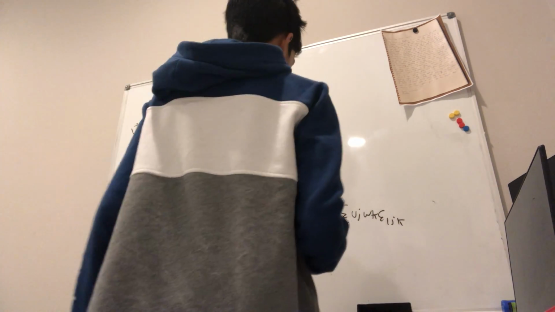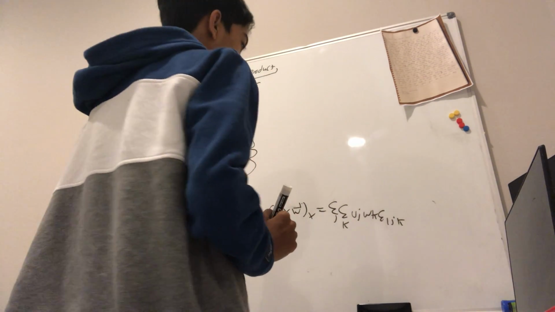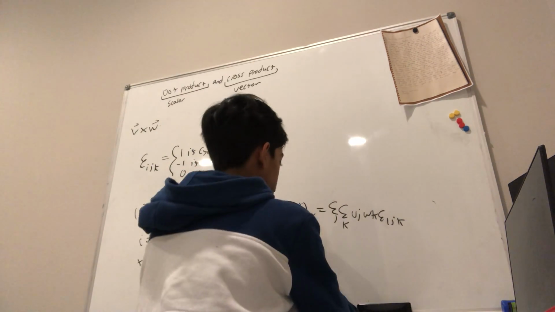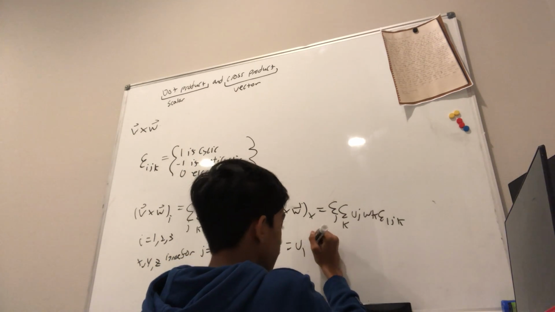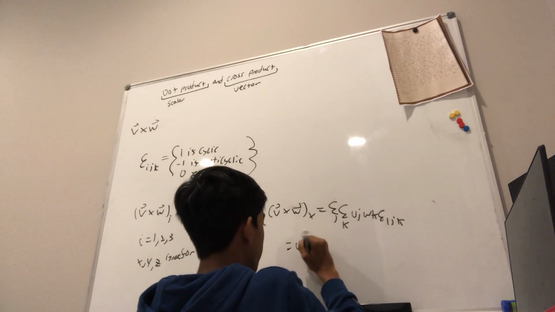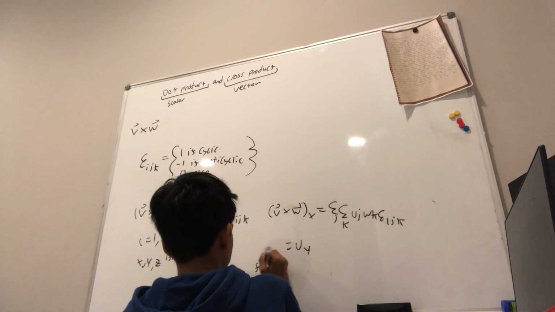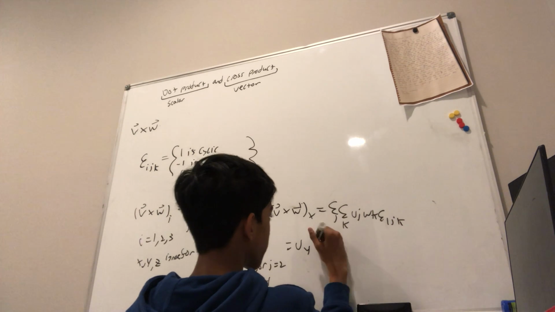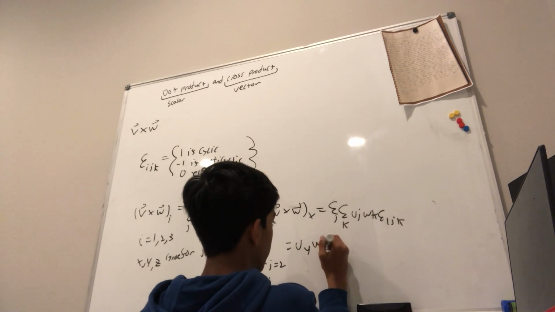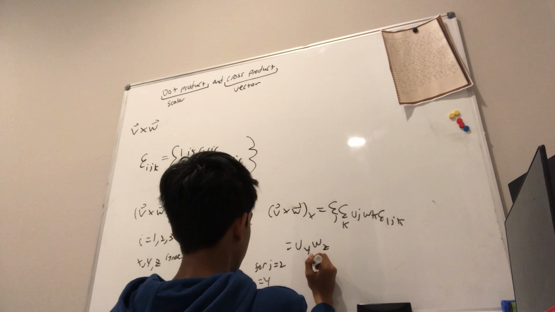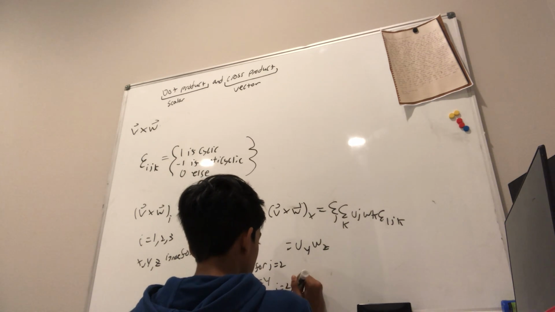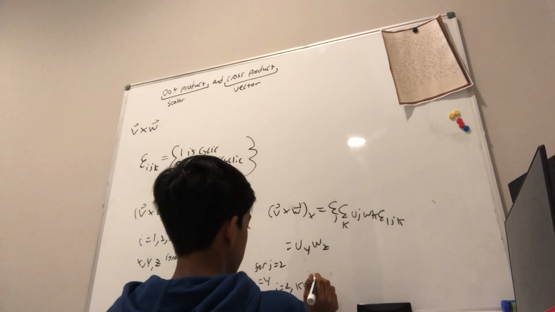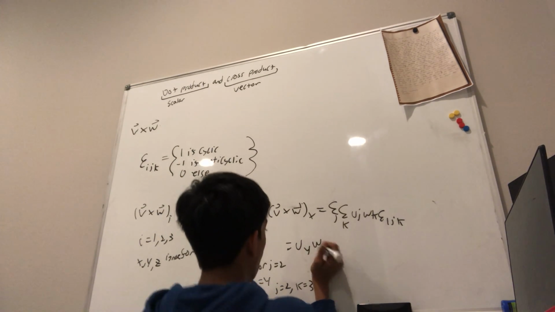Since we're ignoring J equals K, it would just be V_Y W_Z, because when J equals 2, which is Y, and K equals 3, we get a positive 1.